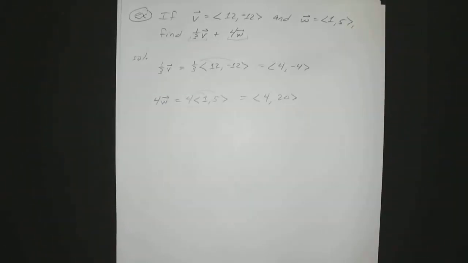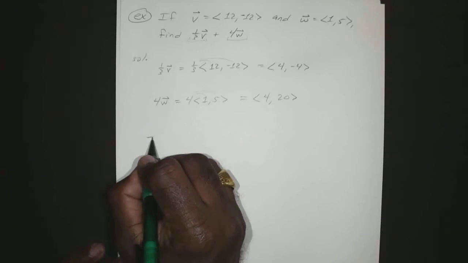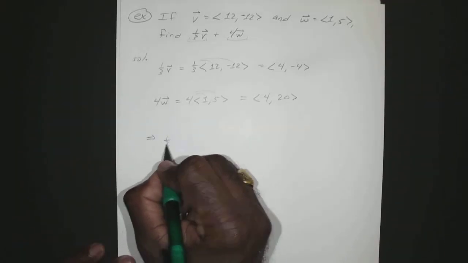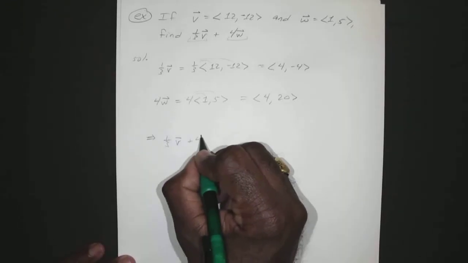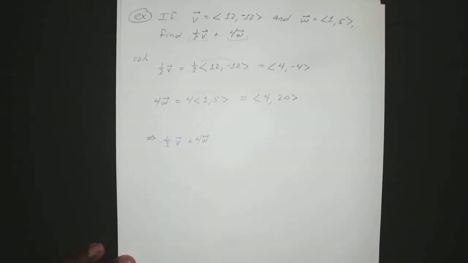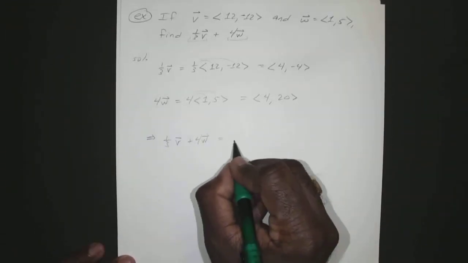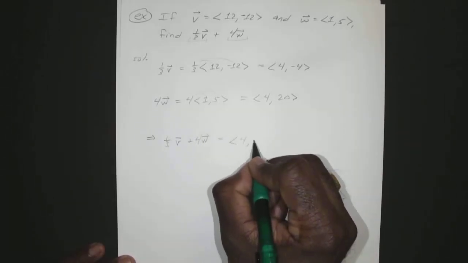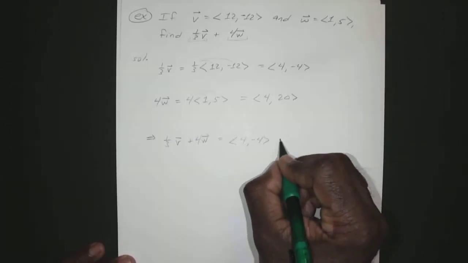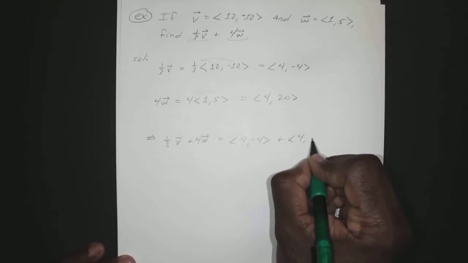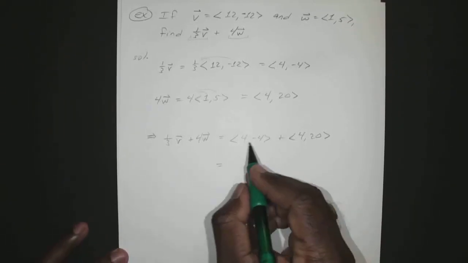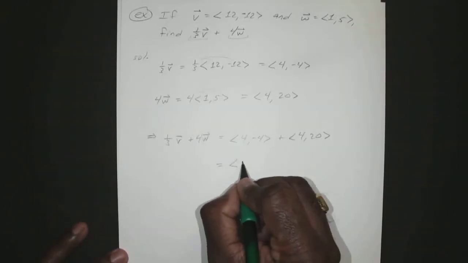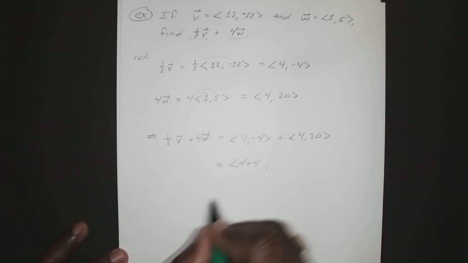Okay. So now we just add them together. So 1/3 the v vector plus 4 times the w vector is just going to equal 4, -4 plus 4, 20. Okay, so when we're adding vectors, we add our first components, that'll be 4 plus 4.